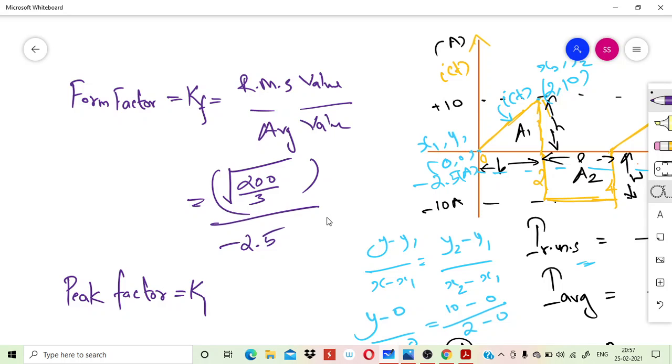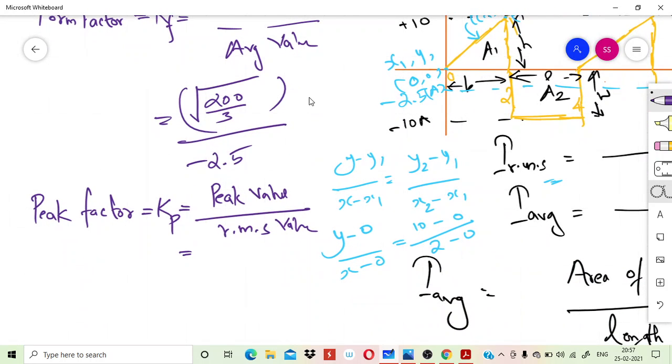And peak factor Kp is defined as the ratio of peak value to the RMS value, that is peak value divided by RMS value. That is equal to 10 divided by the RMS value, under root 200 by 3.